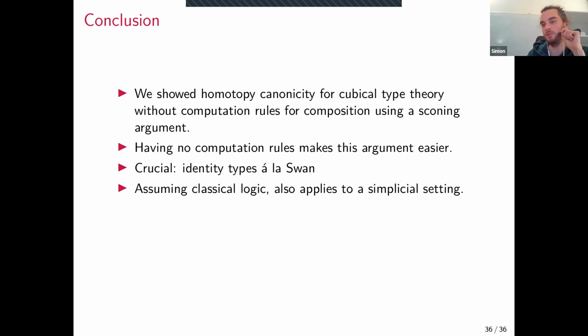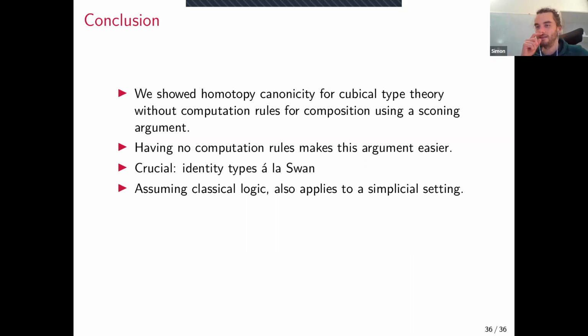Well, it's still quite nice to be able to argue with the path types. I don't know, this is kind of not very substantial, what I'm saying now, because maybe we have to experiment more with formalization there, but I would say that having access to these path types and being able to define a path just by lambda abstraction really gives you a nice way to talk about the higher dimensional objects.